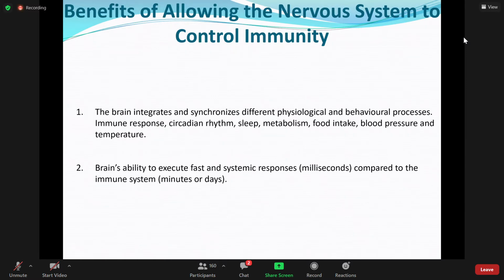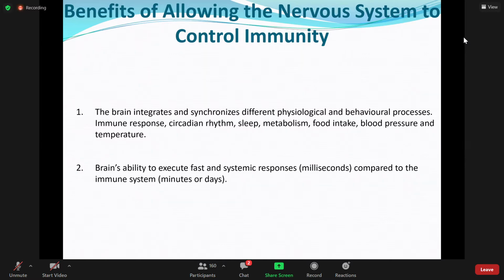And we know that in the sleep state, there are more immune cells which circulate through the body compared to the waking state, where many of these circulating cells are then diverted to the periphery and to different organs.